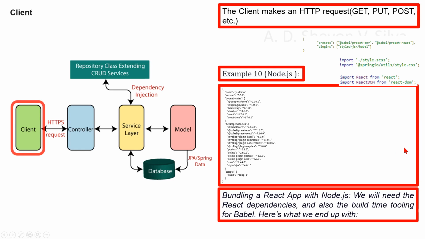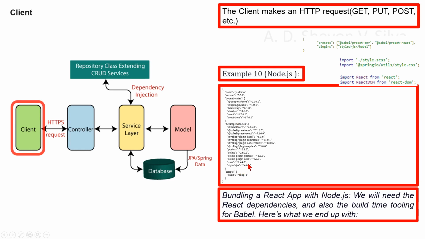We can start from the React-webjar sample and add the front-end plugin as here, and create a package.json, either manually or via the npm CLI. We will need the React dependencies and also the build time tooling for Babel.